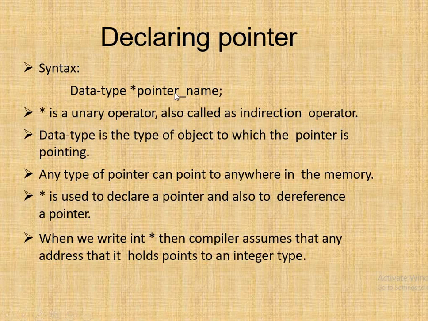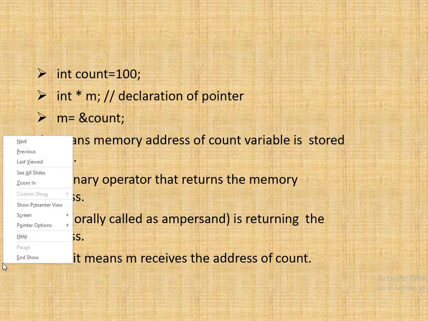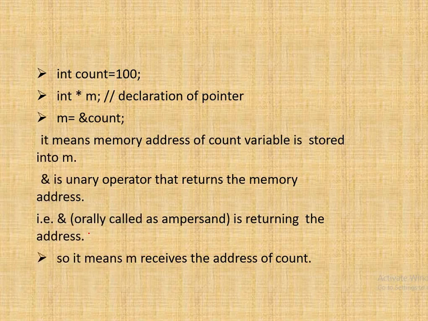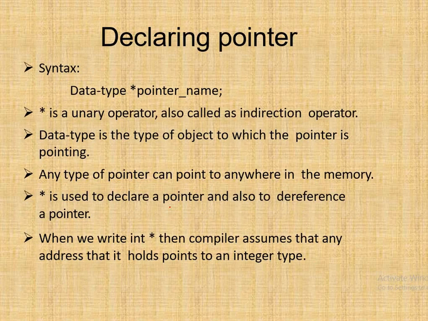So how to declare a pointer? Declaration of a pointer is done by the data type, after that the asterisk symbol, then the pointer name. So basically this is the syntax to declare the pointer.